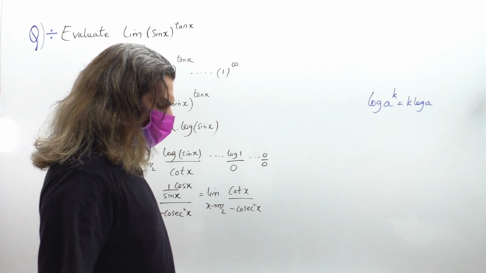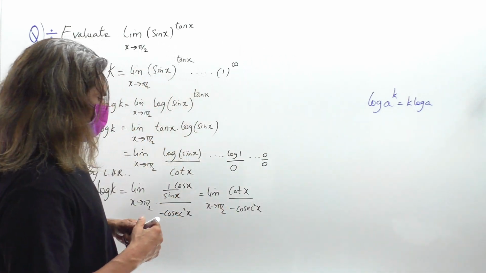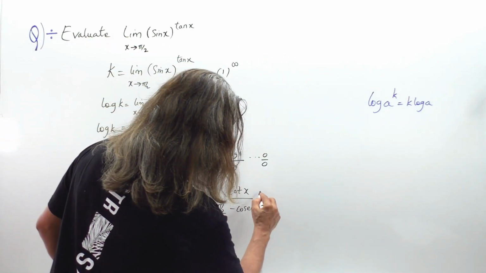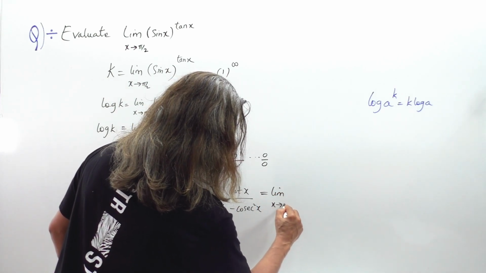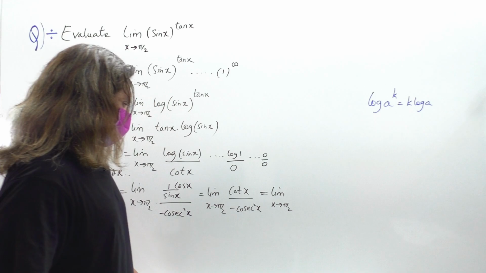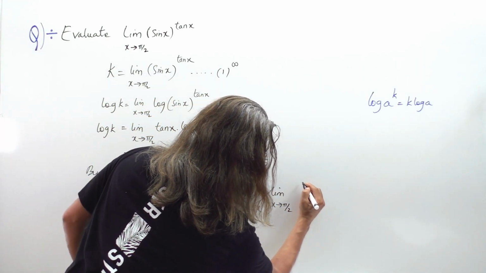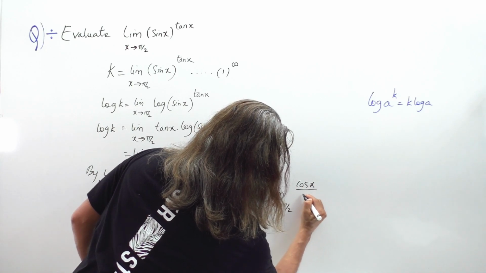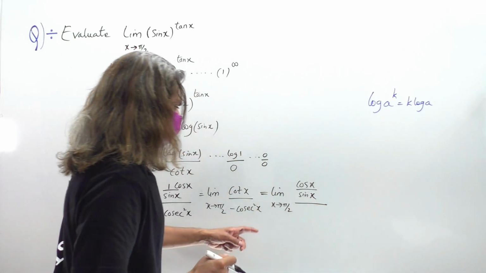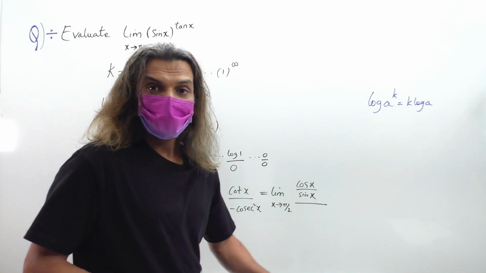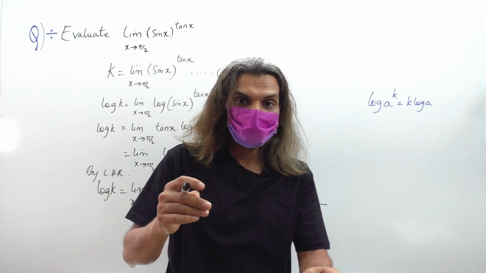Now when we have trigonometric relations, let's make this thing simpler. How? I will write this again as limit as x tending to pi by 2. Now see cot x, I rewrite cot x as cos x by sin x, upon minus cosecant square x. 1 by sin is cosecant.